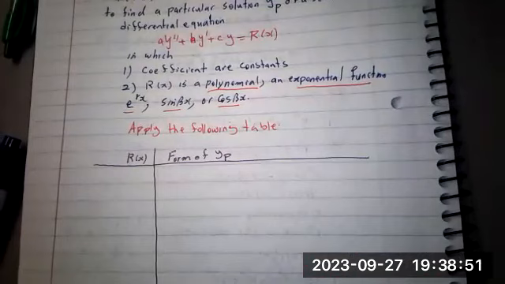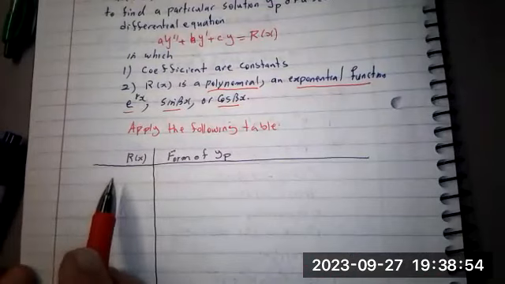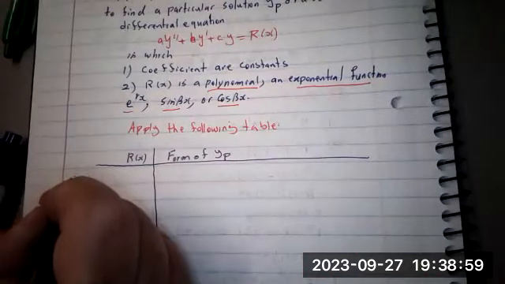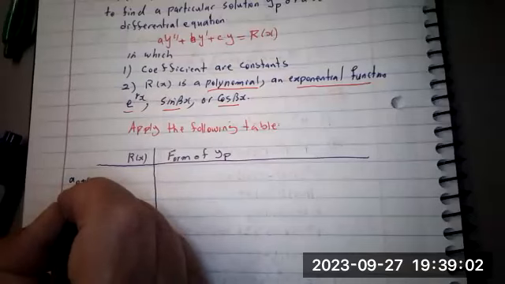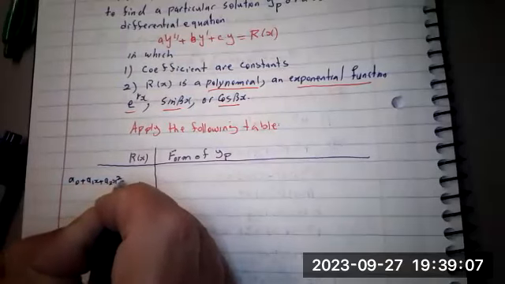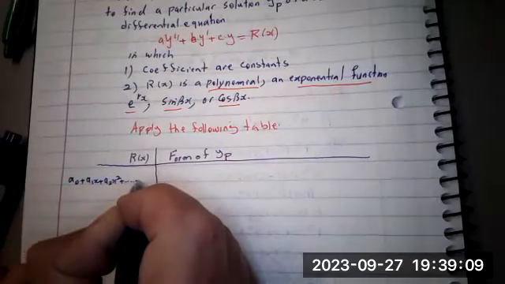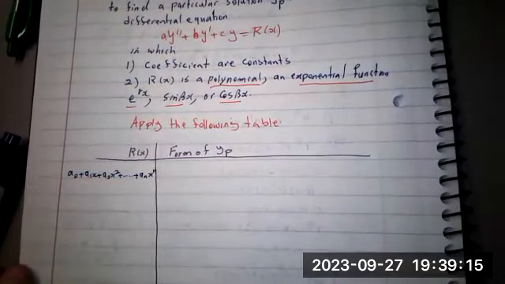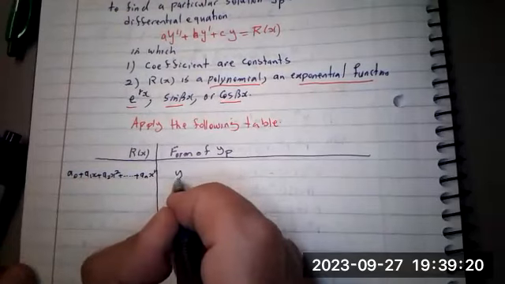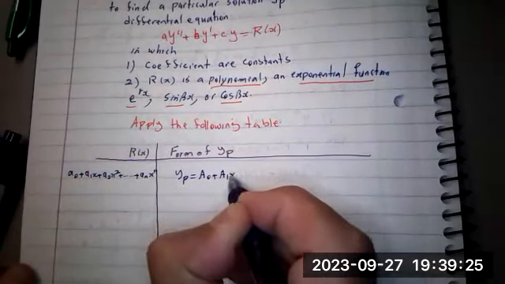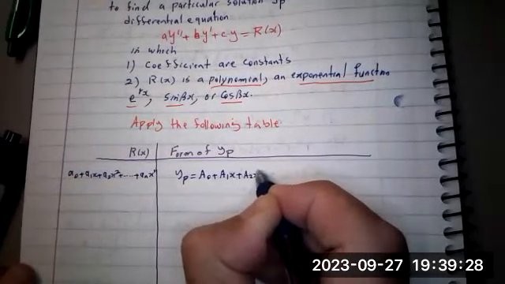The case one, polynomial. If this is going to be a polynomial of this type, you see the polynomial would be a0, depends on the power, a1 x, a2 x squared, you continue. But if this is going to be a polynomial, what you are going to do, you are going to change the coefficients into unknowns: A0, A1 x, A2 x squared.